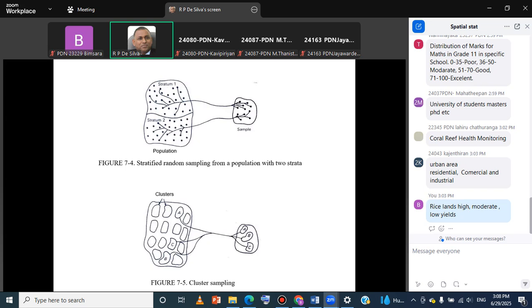You make clusters which are not homogeneous. They should be as heterogeneous as possible. Then you take a cluster, and a combination of clusters will make your sample. But remember, cluster sampling will have higher sampling error compared to stratified random and systematic random sampling.